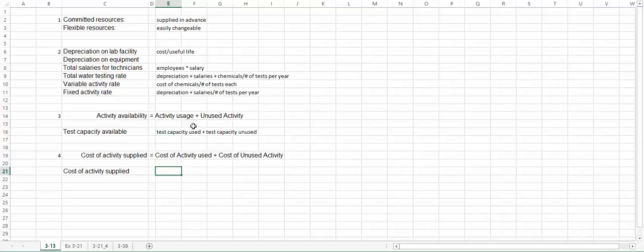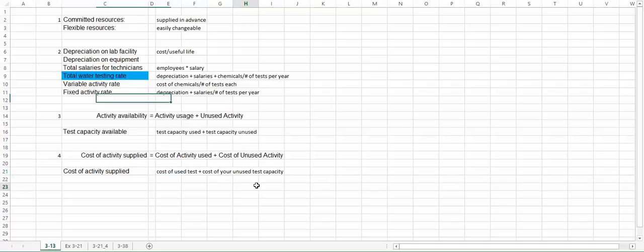So for your cost of activity supplied, it's going to be the cost of your used test capacity plus the cost of your unused test capacity. The amount that you're going to use to help you figure out the cost is you're going to go up here and use the total water test rate.